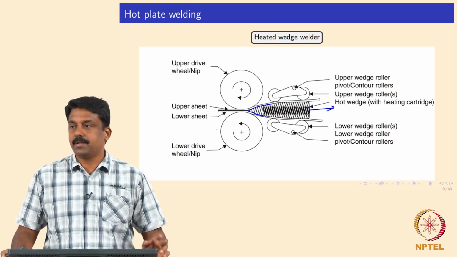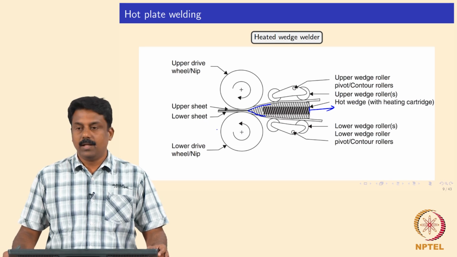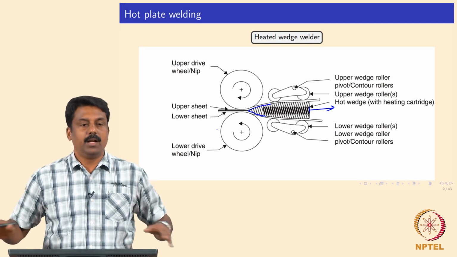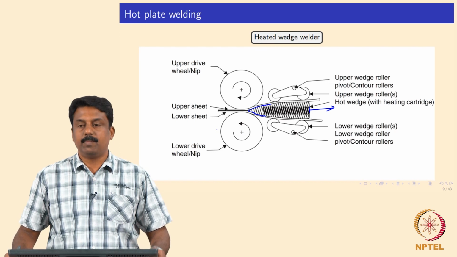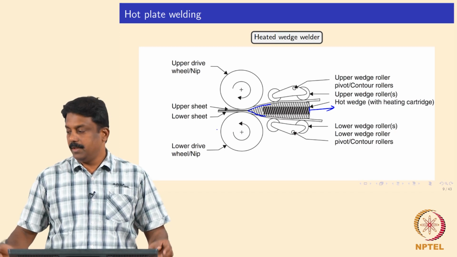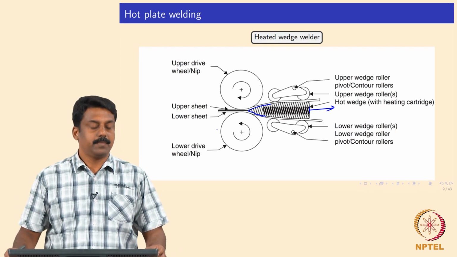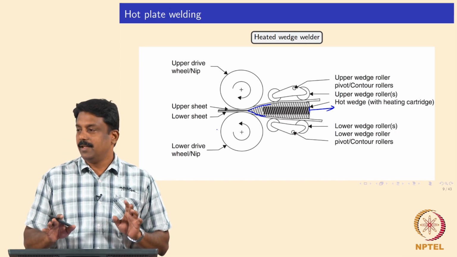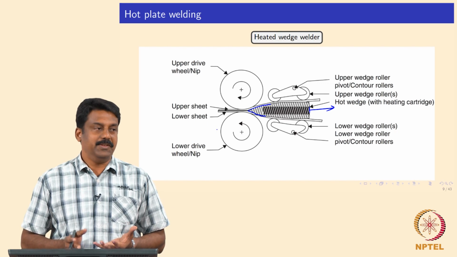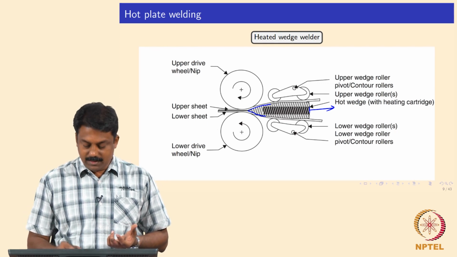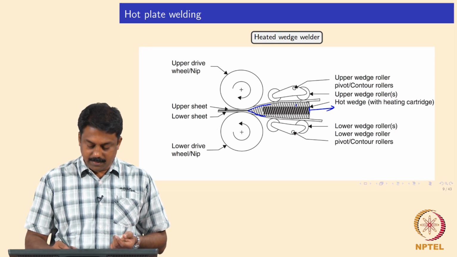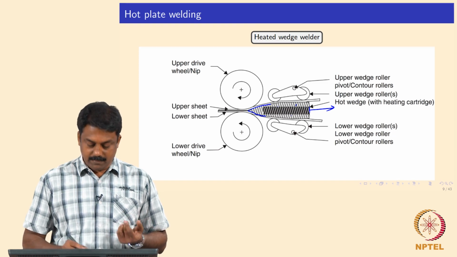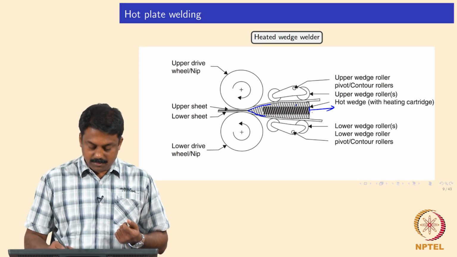For varying applications, we may need polymers. For example, you have to cover a table with a plastic coating, so you have to join it with seam joints, right? The principle is the same, very simple. Instead of a hot plate, you have a heated wedge. The wedge travels along the interface and heats it up by radiative or convective heating. The interface is molten.